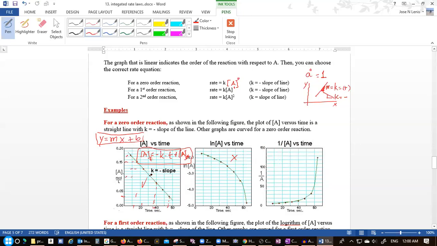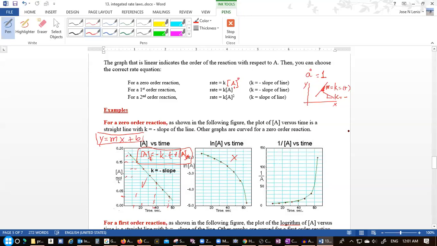For example, when you plug concentration of A against time and get a straight line, you say that reaction is zero order with respect to A. That's your conclusion from here.